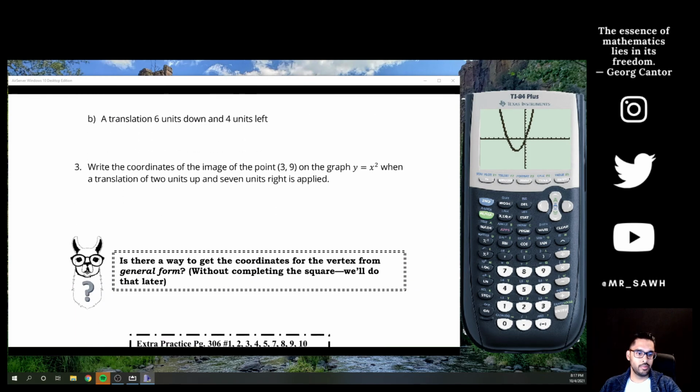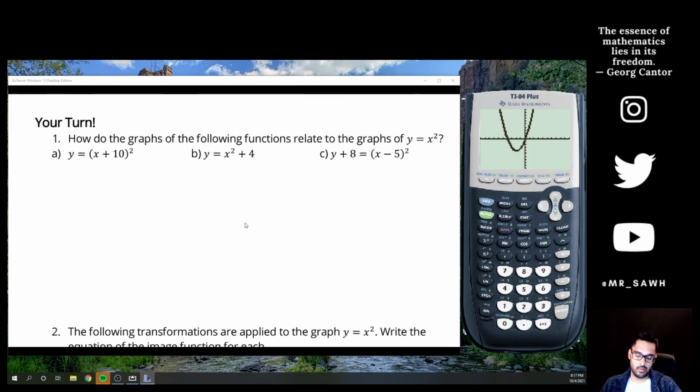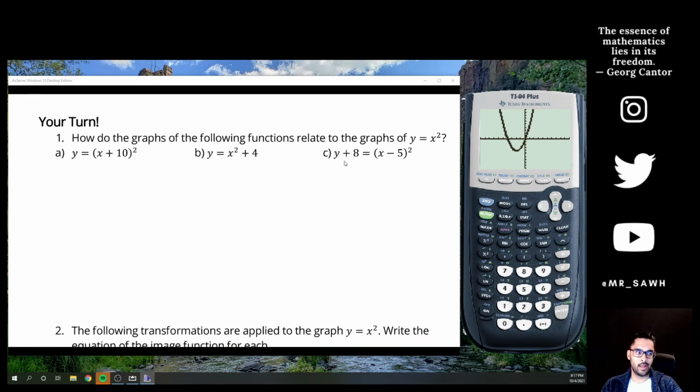Okay, there's a couple things we'll do here before we wrap this up. If we take a look at these equations, these parabolas, they are different than the base one of x squared, so there are some transformations that happen to it. We're just going to list out what they happen to be. So for A, there is a number attached to the x in that set of brackets, so I'm looking for a value for p here.